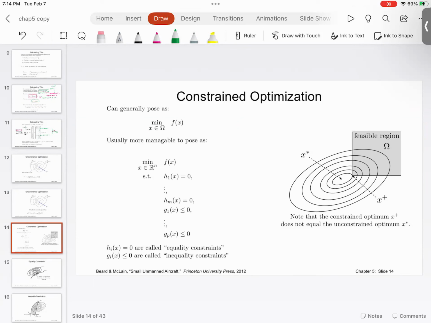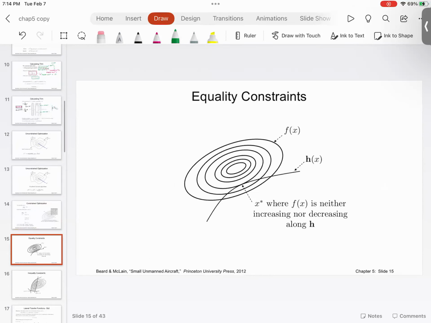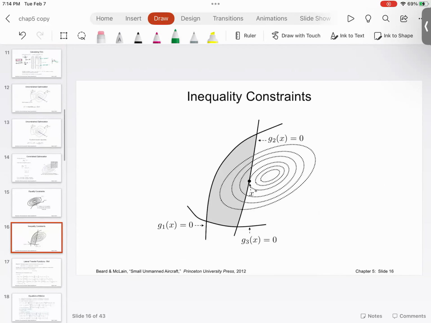X between 0 and 5 is an inequality constraint, and x can only be 1 or 2 is an equality constraint. These constraints get written in different mathematical terms. What you're seeing is the mathematical way of writing equality and inequality constraints.